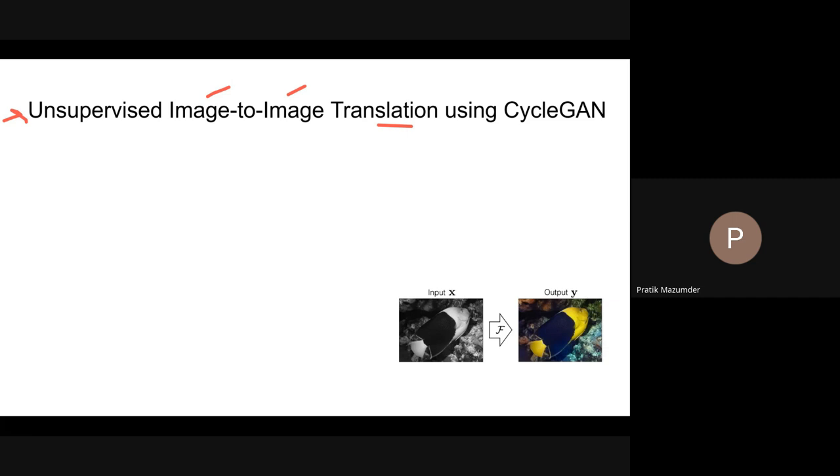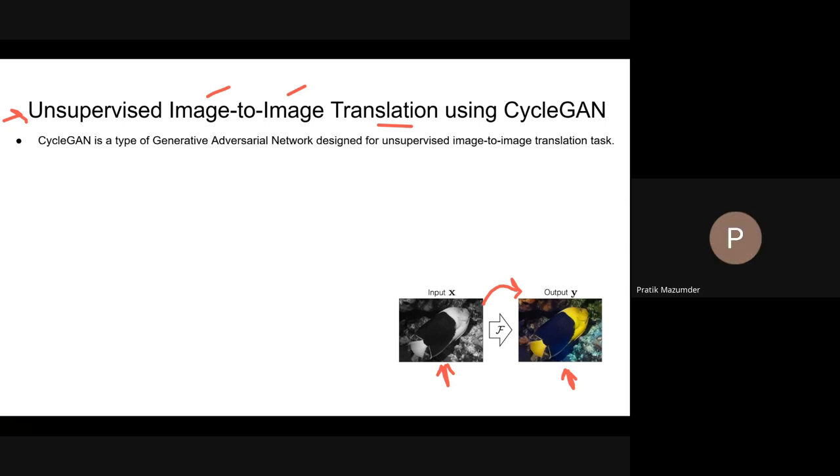When I say unsupervised, it's basically that given a specific image, say a black and white image, I may not have access to exactly that image's corresponding colored version. So suppose the task is converting grayscale images to color, I may have sets of black and white images and colored images, but they may not be corresponding pairs. So we have to utilize GANs for this purpose in order to achieve this sort of image-to-image translation.